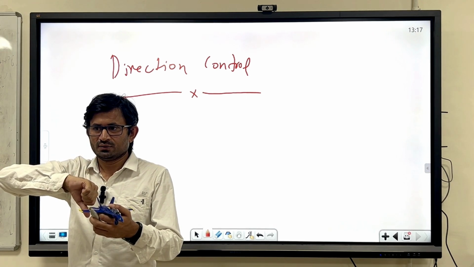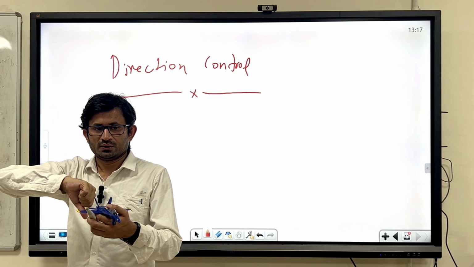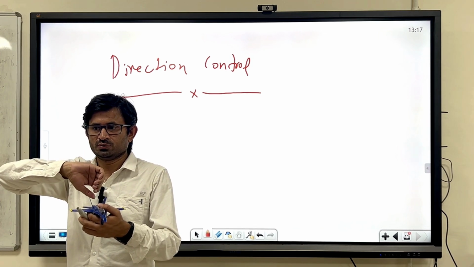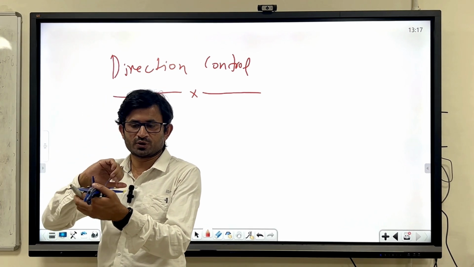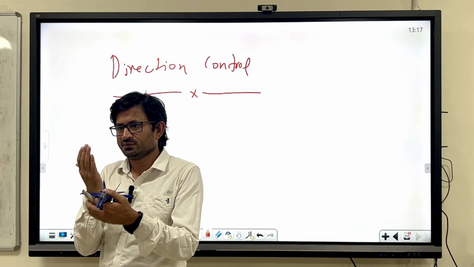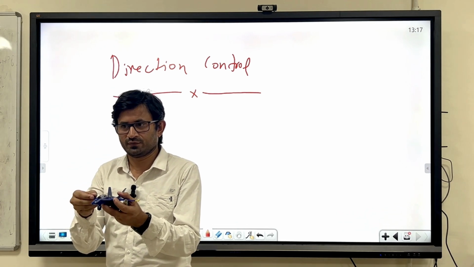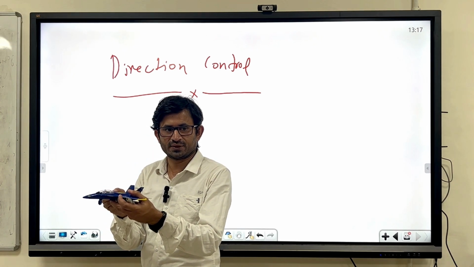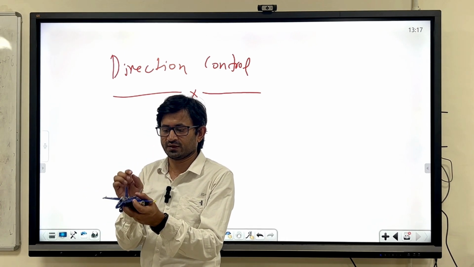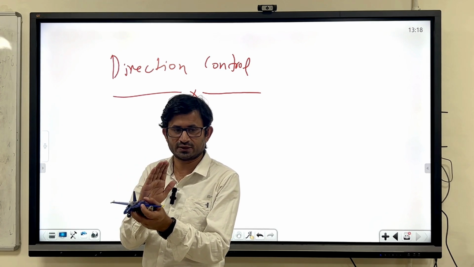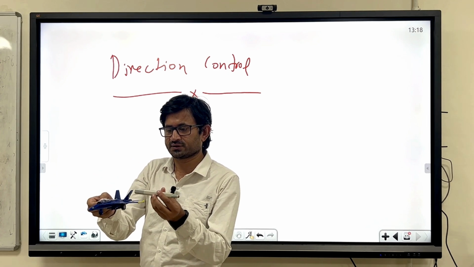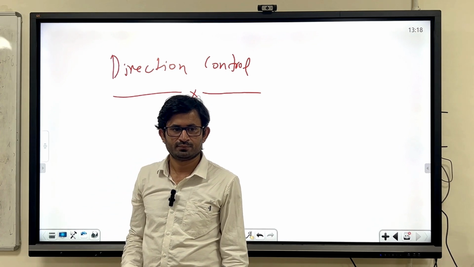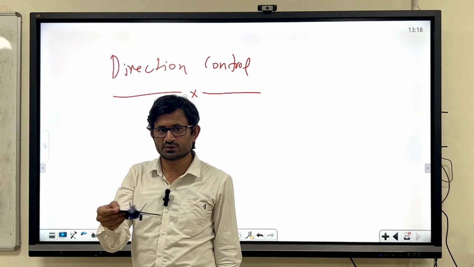So my deflection will be considered positive towards this direction. That means rudder deflected in this direction is positive, and in this direction negative, right? So if your yawing is happening in this direction, you have to deflect the rudder in the opposite direction to generate the vertical force in this direction and counter the same. So this one is positive and this one is negative.